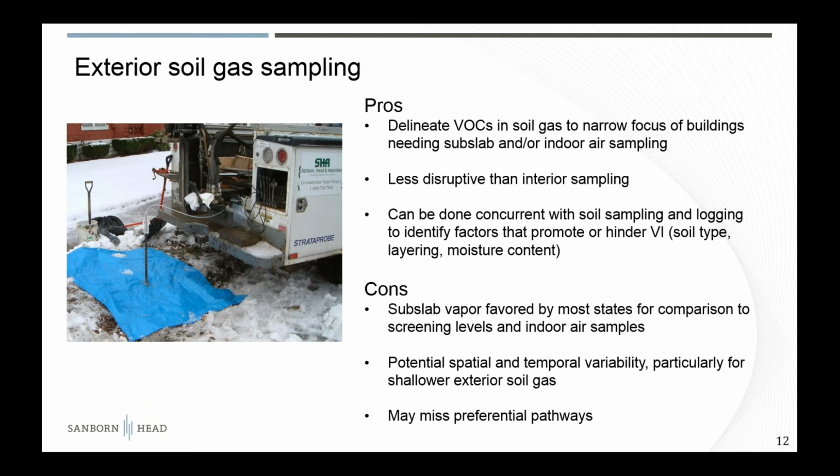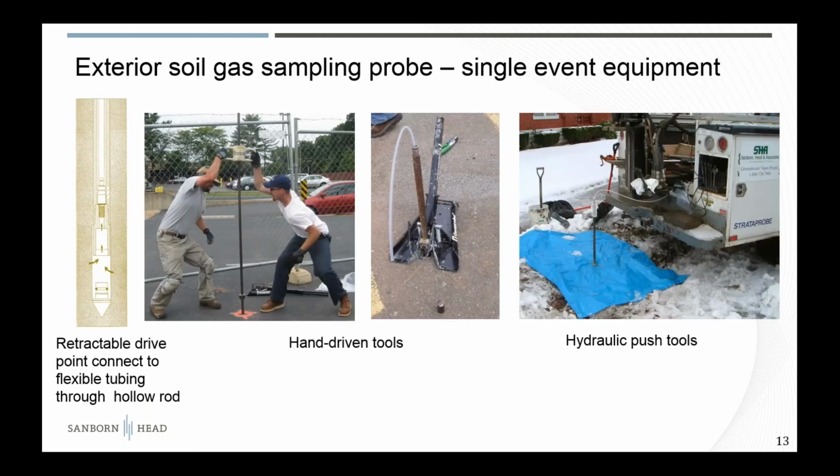So how do you go about collecting exterior soil gas sampling probes? Well, if you're looking at a one-time sampling event, it's part of maybe an initial characterization. A common thing to do is to use either hand-driven tools or hydraulic push tools, and I have an example here of, I think this is a GeoProbe post-run tubing system, where you drive a hollow rod with an expendable dry point to the depth you're interested in, using, in this case, a slide hammer.